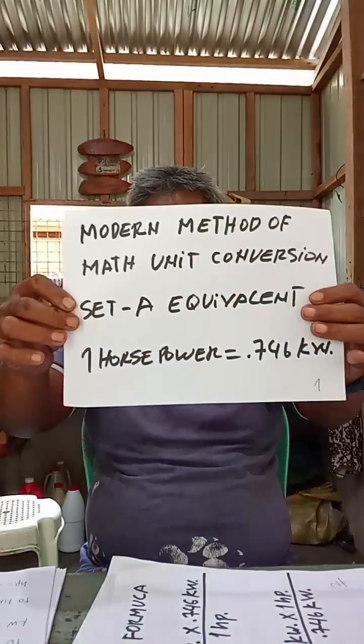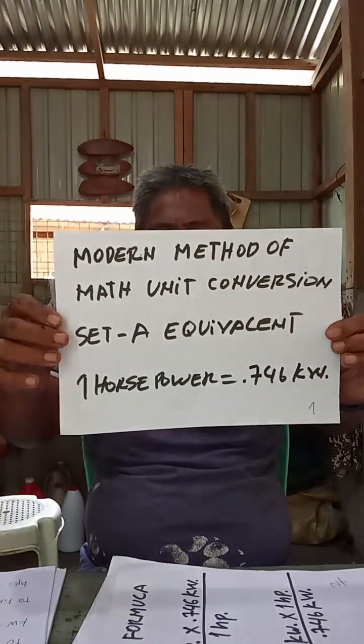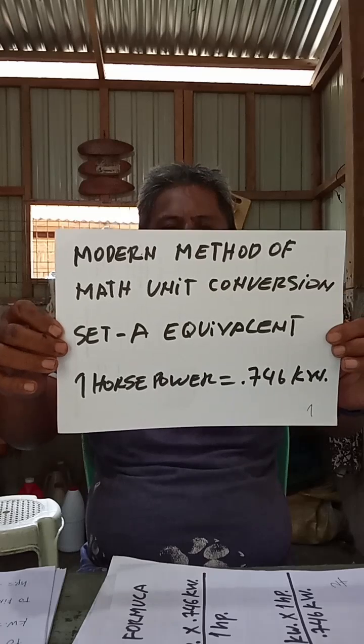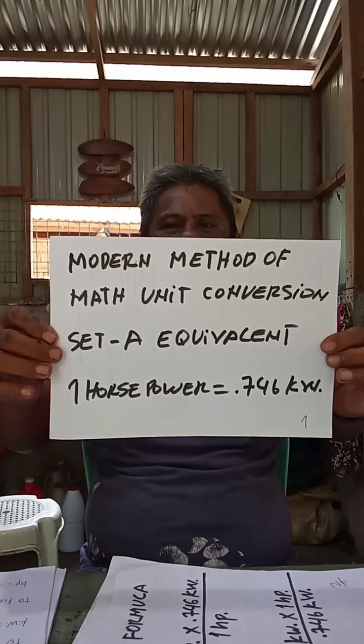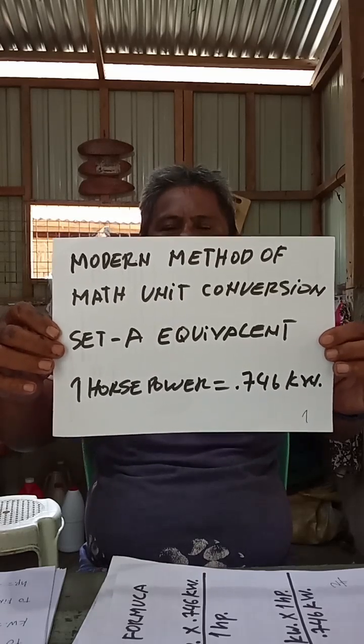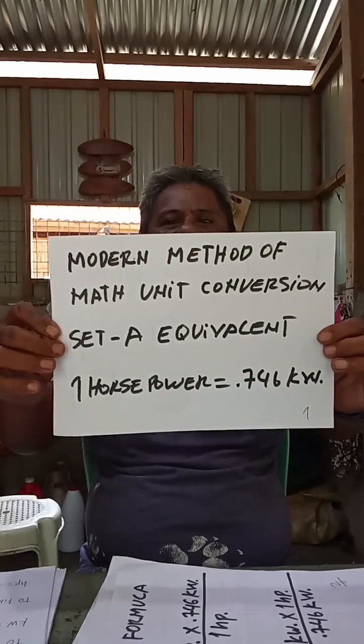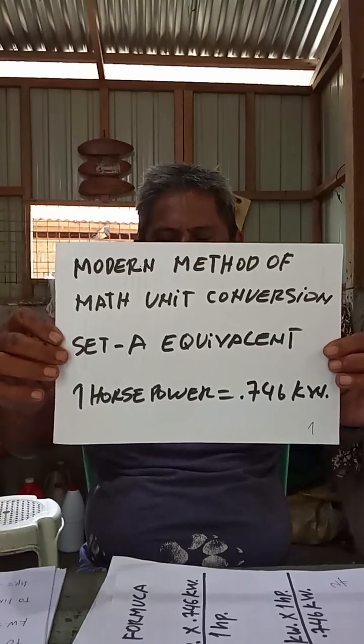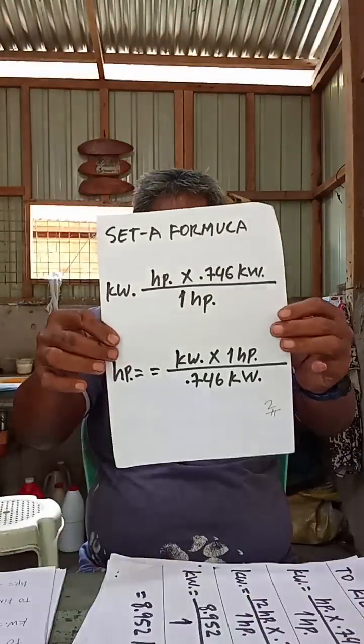So, set A muna tayo. Modern method of math unit conversion, set A equivalent. 1 horsepower is equal to 0.746 kilowatt. So, set a formula.